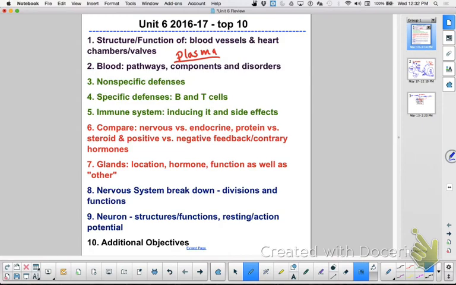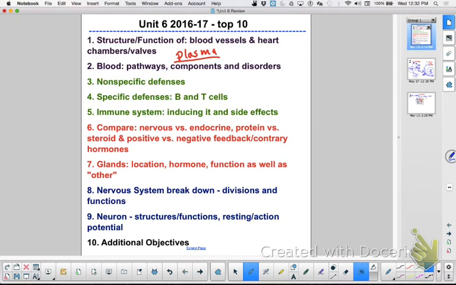Okay, nervous system. So the divisions and the functions. First of all, could you name the three types of neurons and how they work? Interneurons. Where are those found? Central nervous system. What two more?